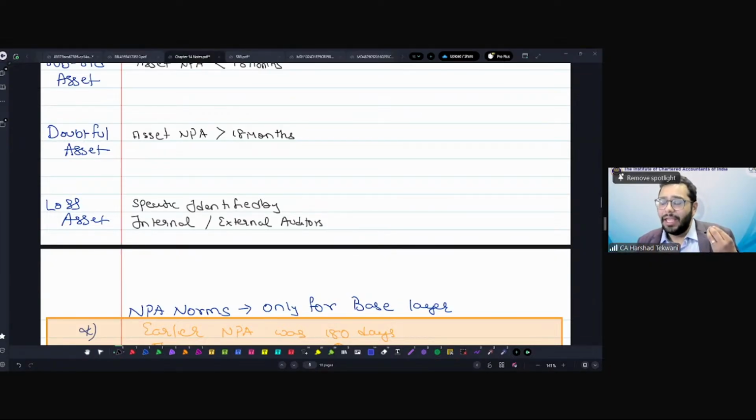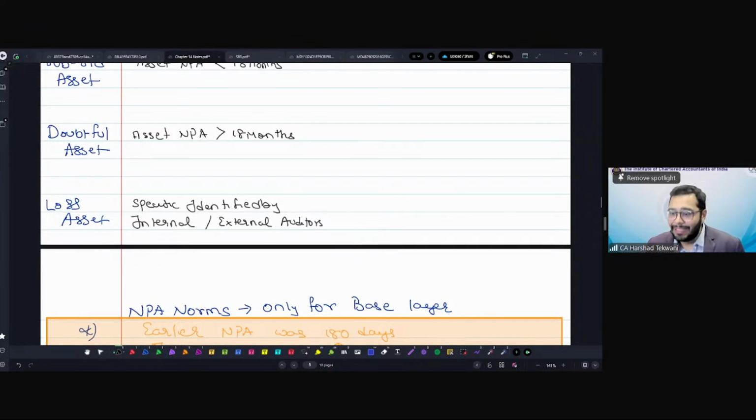These are assets which are identified by the external or internal auditors, where these are not written off as of now. That's why they are in the books. Those are the loss assets because of fraud and error, because of fraud or some deliberate action by the borrower.